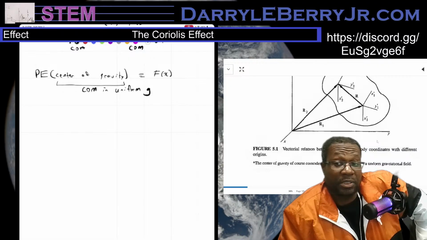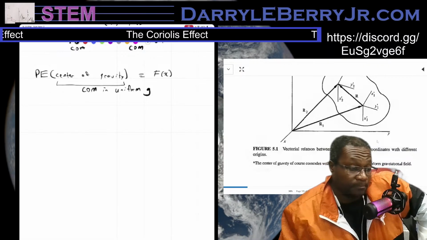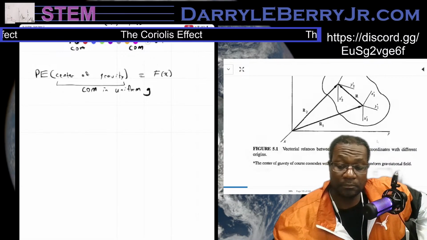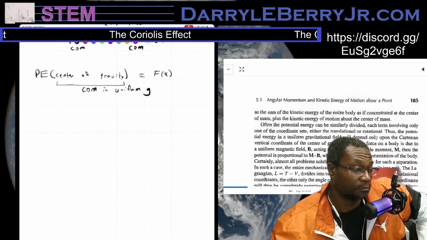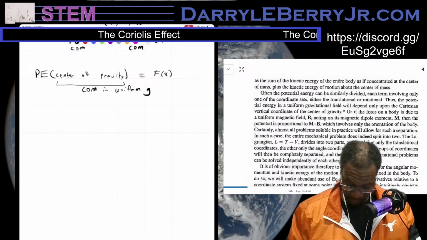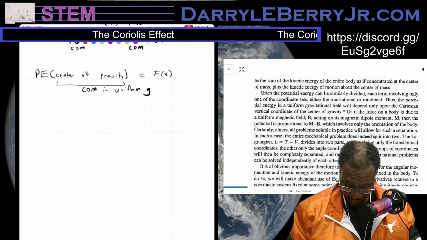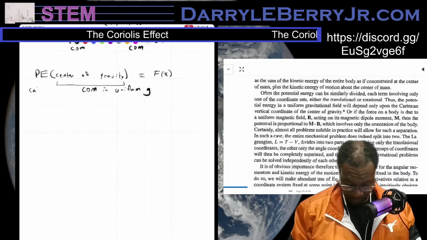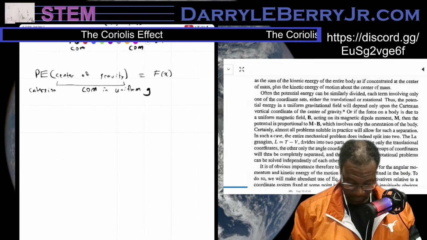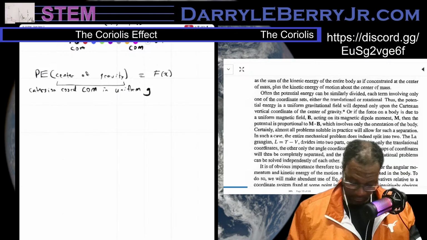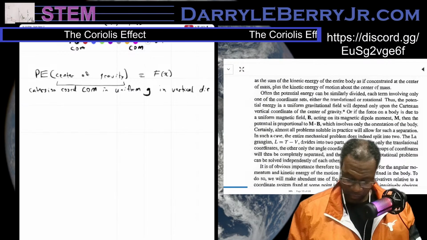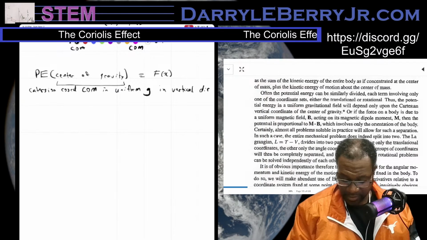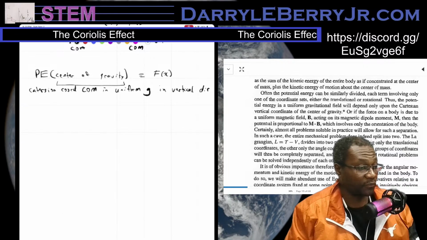Seems like there's problems in a non-uniform g. Cartesian coordinate of the center of mass, a uniform gravity in vertical.